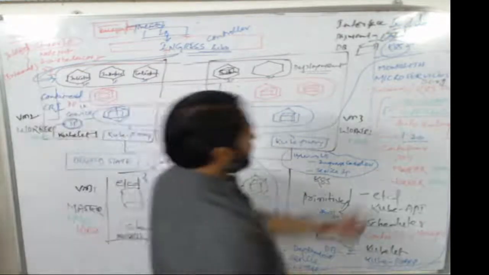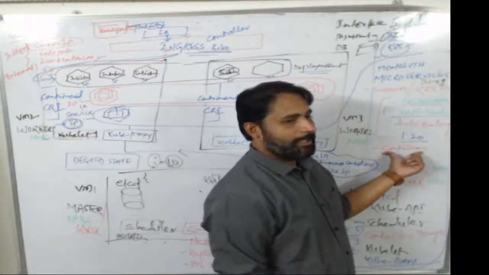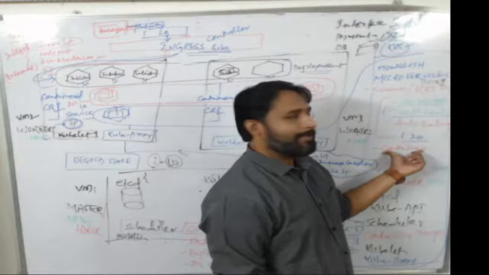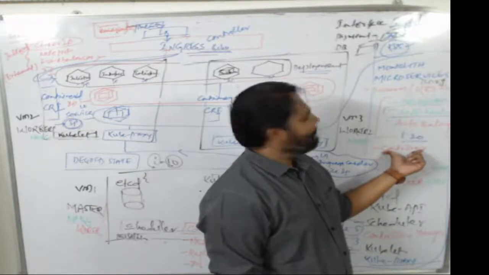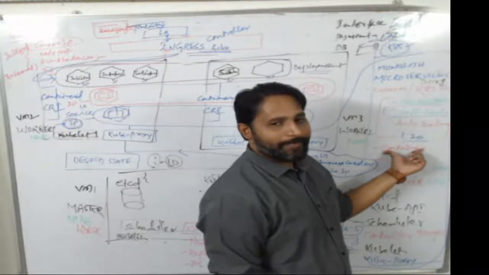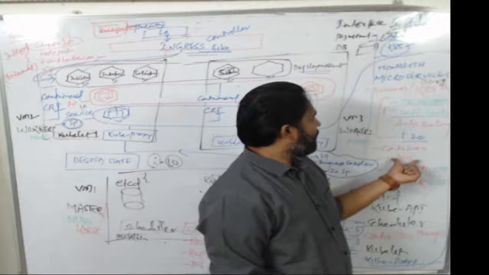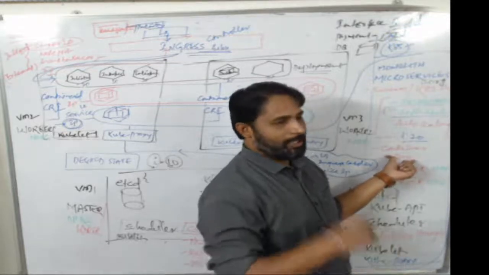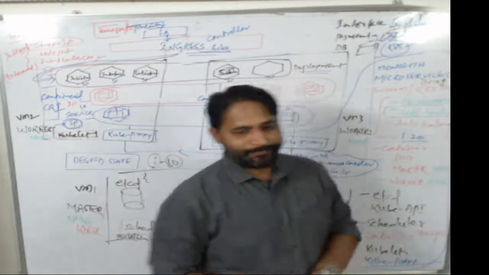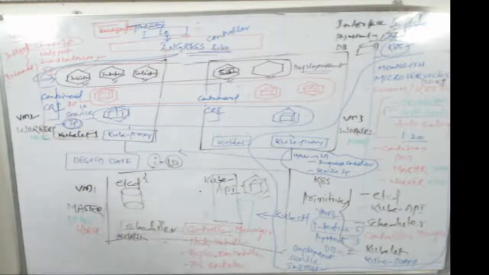Then a container. A container is a container, like a Docker container. Self-containing software. Right. Then a pod. A pod is a logical layer around a container. A holder of a container is a pod.